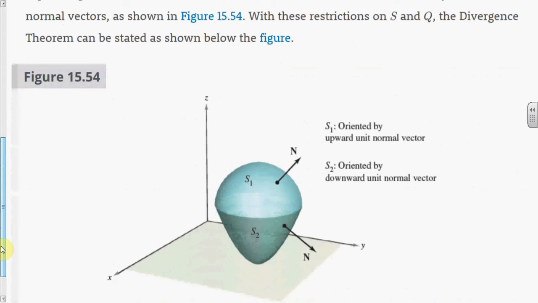Last time, we talked about a surface being oriented, and you want the orientation either to be upward or downward. So here, for the divergence theorem, the concern is you want the orientation to be outward.